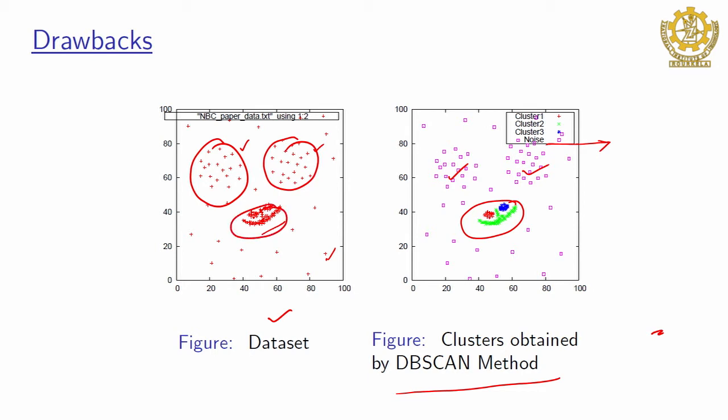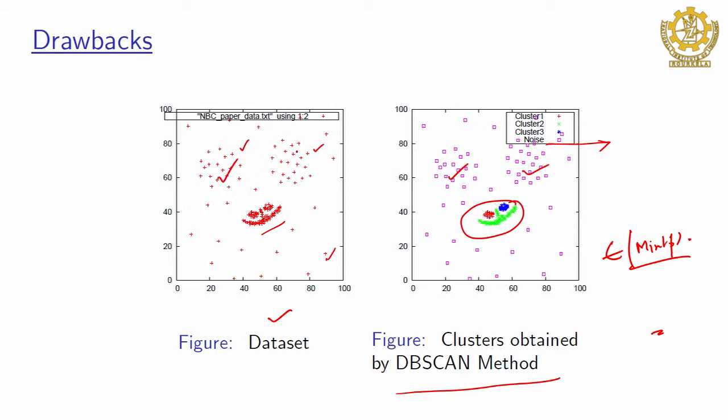So, we always get 3 clusters, and there is no combination of epsilon and minimum point with which we can get 5 clusters. Why are we saying 5 clusters? Because here actually there are 5 clusters: this is one cluster, this is one cluster, and here 3 clusters.